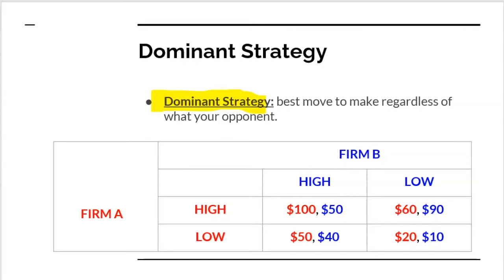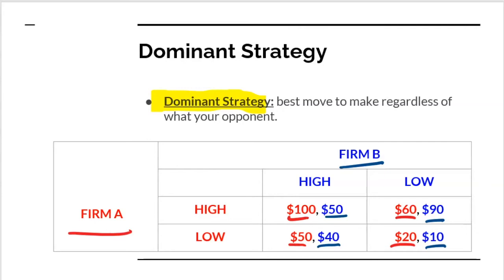Everything in red refers to firm A. Everything in blue refers to firm B. Even if there aren't colors, the left-hand side of each box always refers to firm A, and the right-hand side, what's in blue, always refers to firm B.